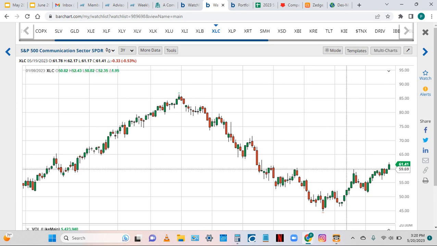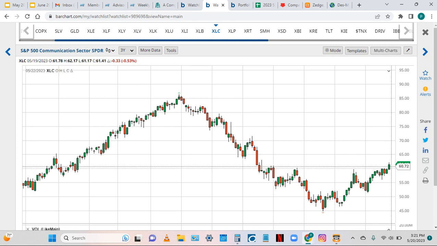This would be a higher pivot high at this resistance area. Then it made a higher pivot low and has since moved up and is now on a weekly basis has a closing breakout above that area. That's a pretty nice spot to buy because that's not a very big candle. So that would give you pretty good risk to reward buying on that candle. So XLC looks very good, very strong, and similar to technology.